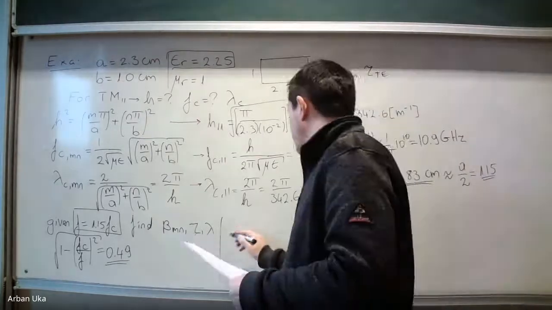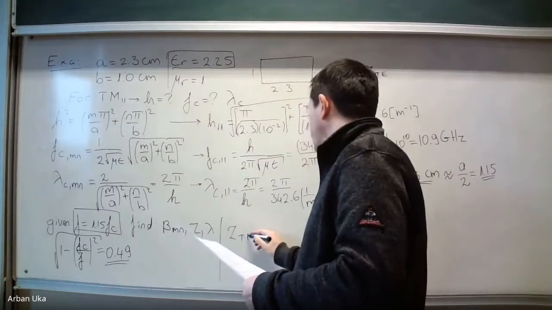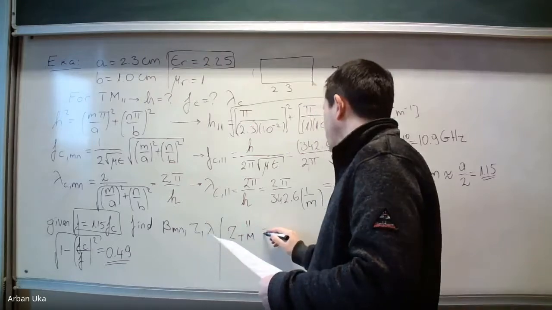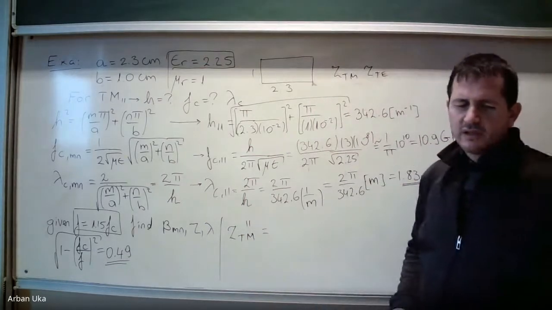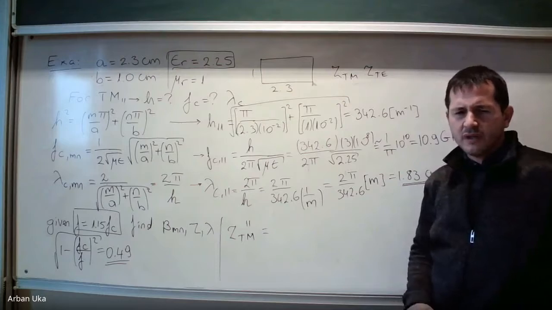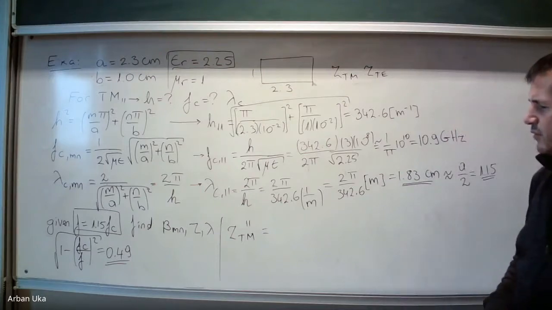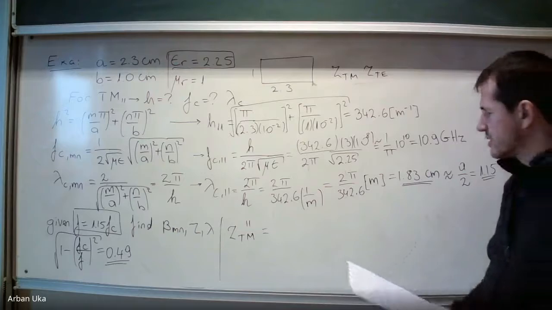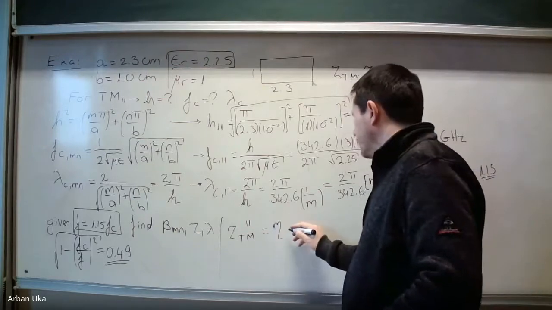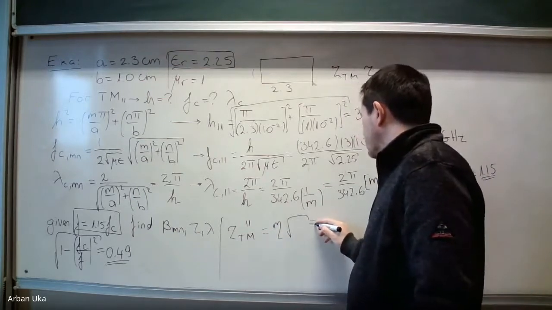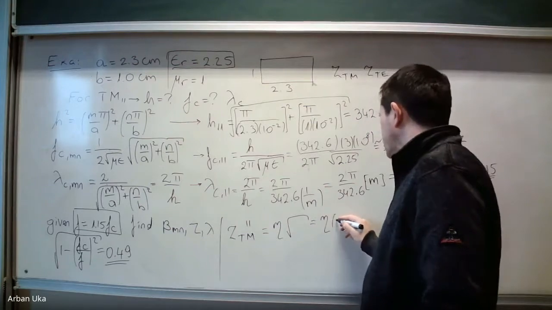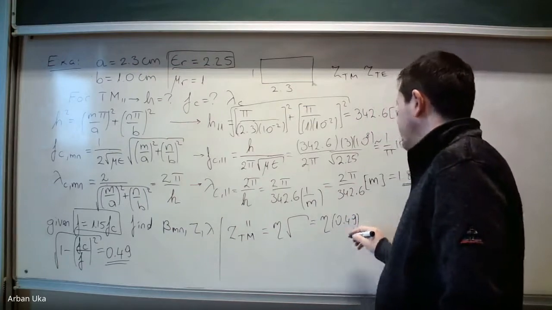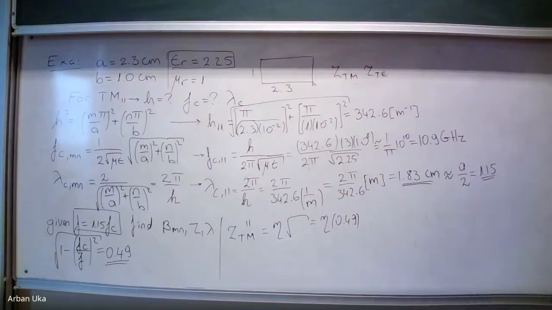So first of all, we have Z TM for the mode 1, 1. As we remember, the impedance drops for the TM modes in a waveguide. So this is equal to the intrinsic impedance times the square root term, so in principle intrinsic impedance times 0.49, because we calculated that there.